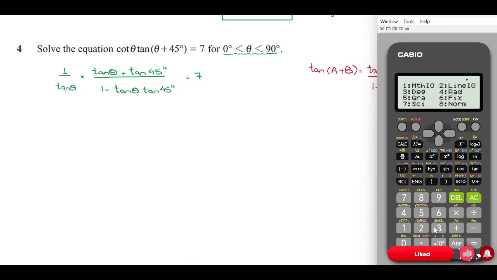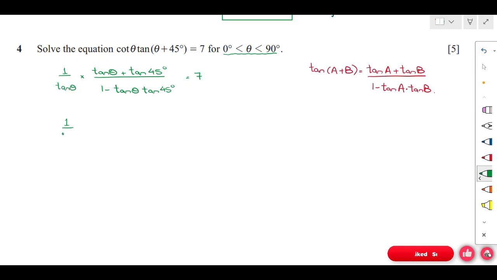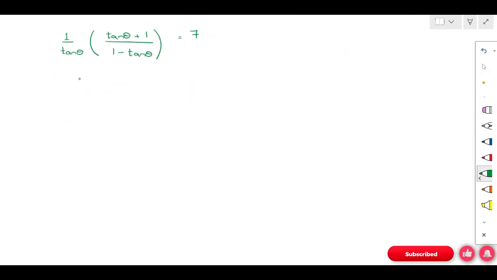Convert your calculator into degree mode and find tangent 45. This is always 1, right? So this is 1 over tangent theta times tangent theta plus 1 over 1 minus tangent theta times 1, which is just tangent theta, equals 7. Okay, now let me do further simplification.